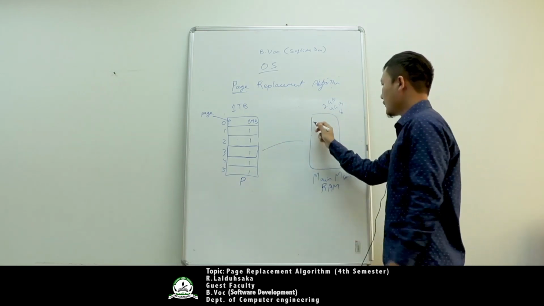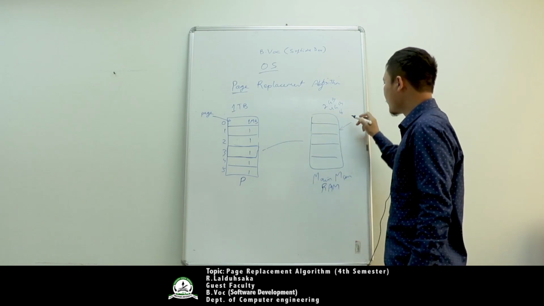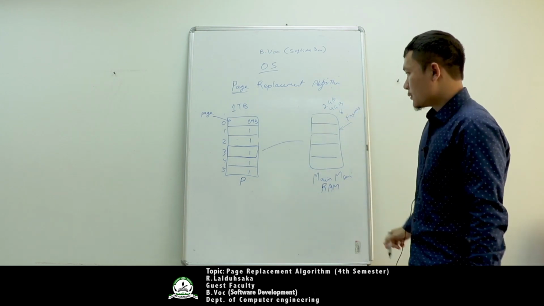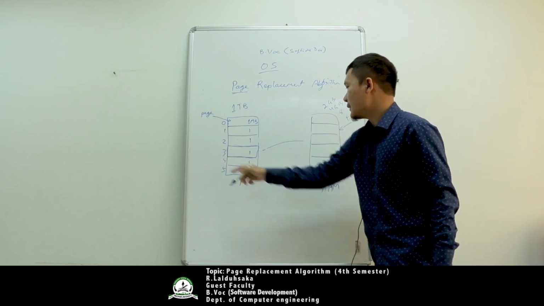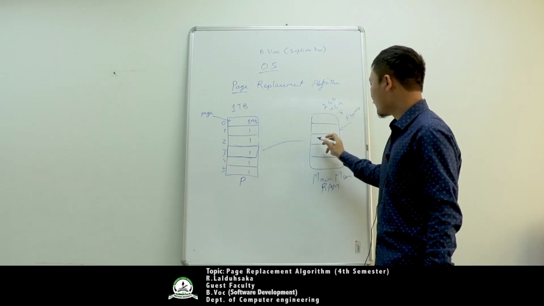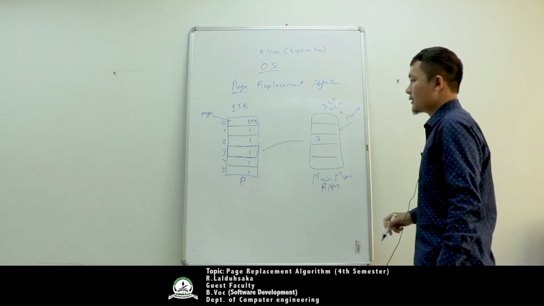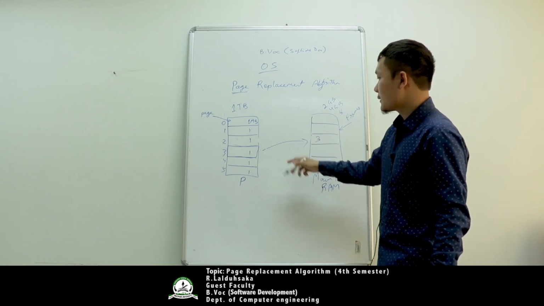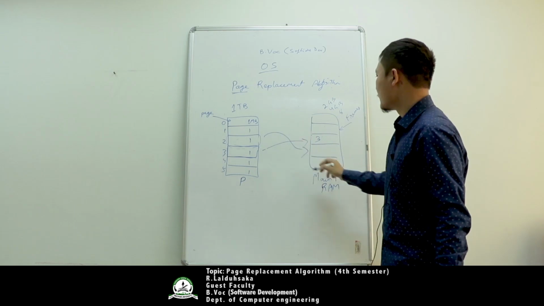The main memory is also divided into equal segments called frames. Suppose page number 3 is loaded into the main memory, and in the next request, page number 2 needs to be loaded into the main memory.